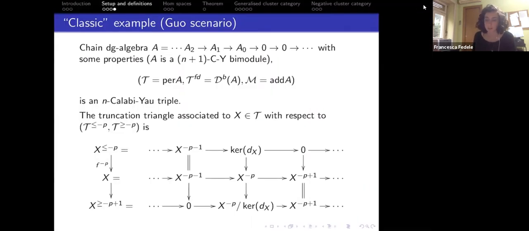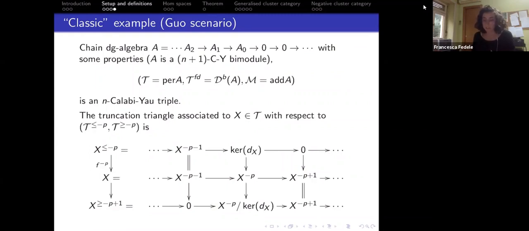And you can also say what the truncation triangles with respect to one of these t-structures are. And not very surprisingly, they are obtained by truncating the complex. So if you start with an X, then you can do the soft truncation to obtain your X less than or equal to minus P. And then you have this other truncation basically to get the other half, the other object in your truncation triangle.